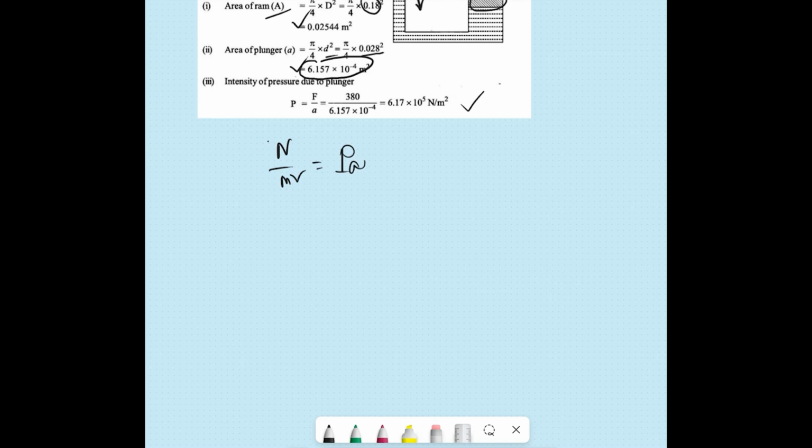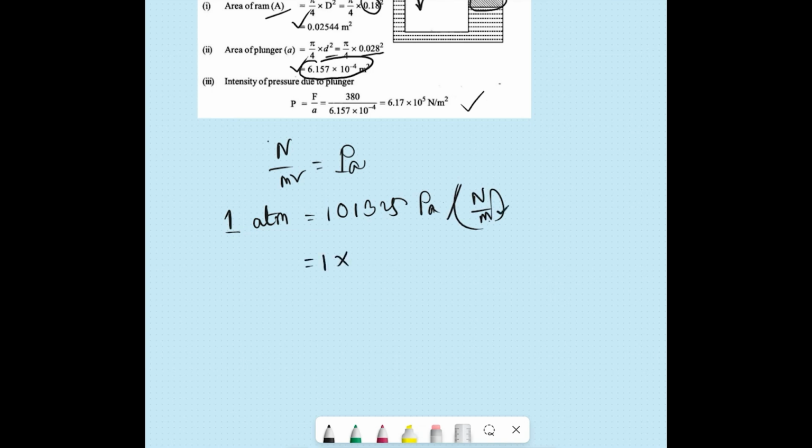So this is the unit of pressure, but sometimes we find the unit of pressure is 1 atm, meaning atmospheric pressure. 1 atmospheric pressure means 101,325 Pascal, or Newton per meter square.